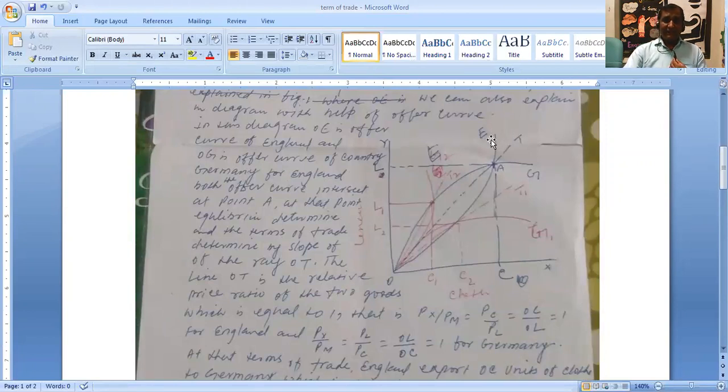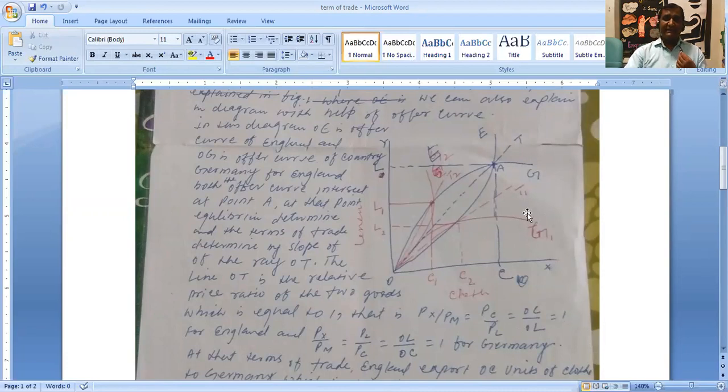OE is the offer curve of England for Germany, and OG is the offer curve of Germany for England. That means OG shows the offer of linen for cloth and OE shows the offer of cloth for linen.